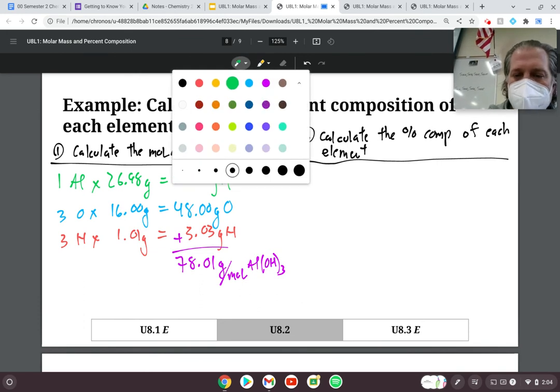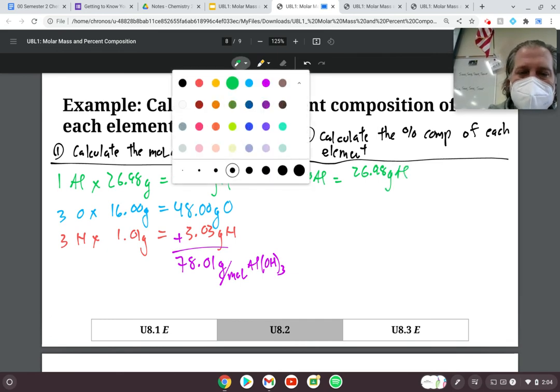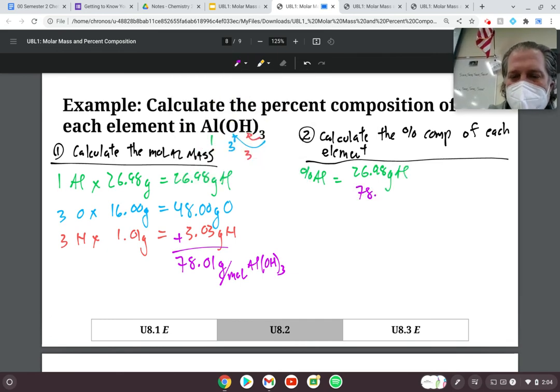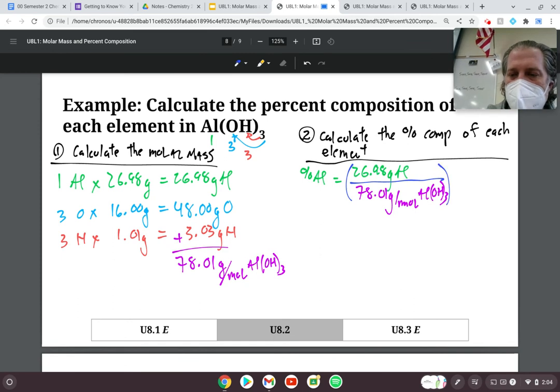So for aluminum, the percent of aluminum is going to be equal to 26.98 grams of aluminum over 78.01 grams per mole of Al(OH)3, times 100.